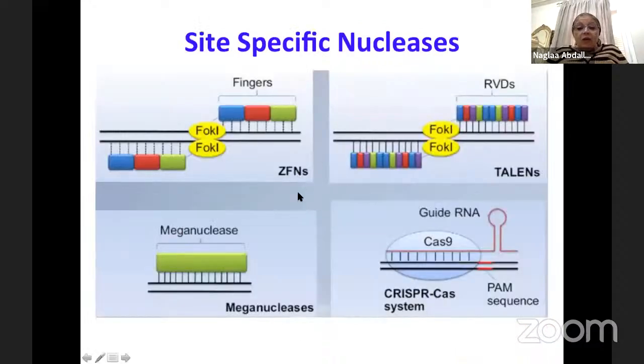There were several trials to use genome editing, like zinc finger, TALEN, and meganuclease, but the most promising and most commonly used right now is CRISPR genome editing. The other three kinds depend on proteins to identify the sequence, but CRISPR depends on RNA to identify the exact sequence that we need to modify.